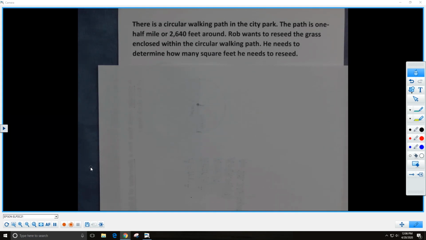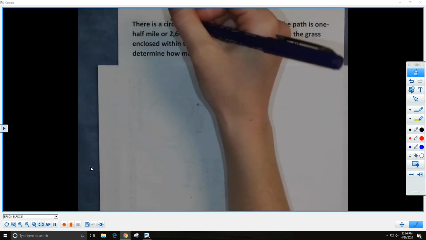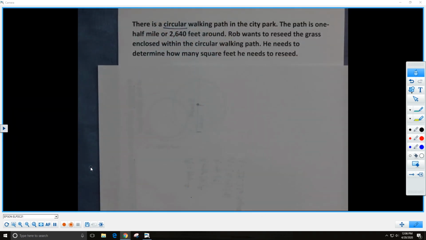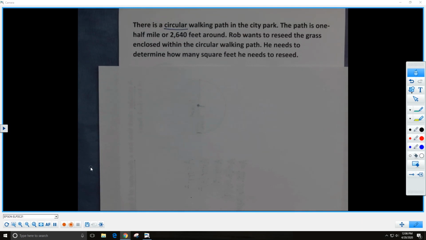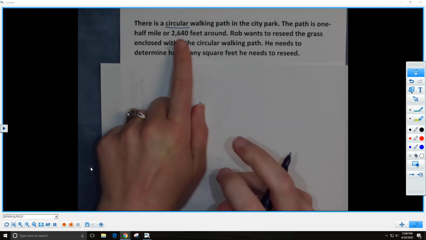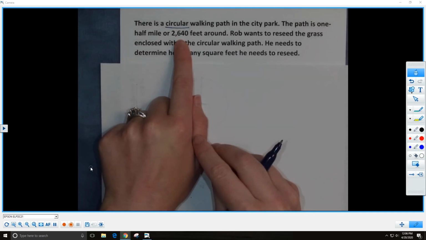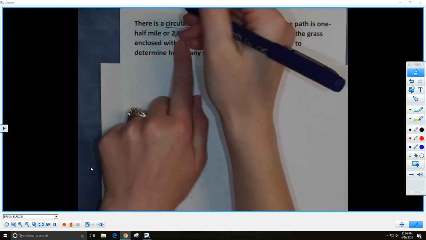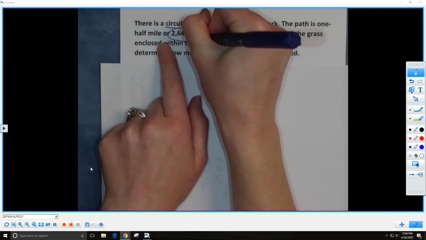Well, what do we know from the problem? Right, we know that the path forms a circle. We know that the distance around the path, which is the circumference, is 2,640 feet.